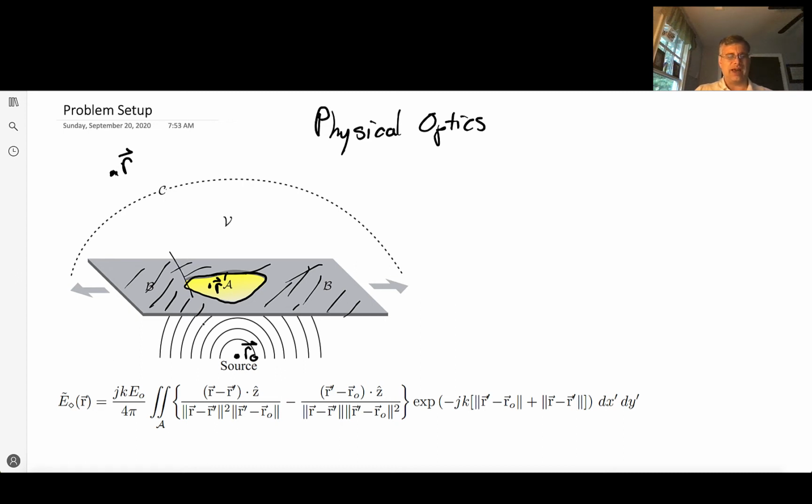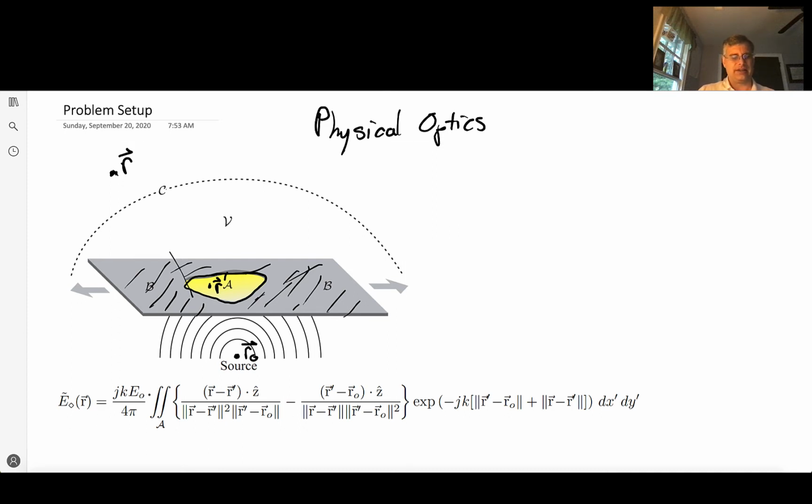Now to do this, we have to invoke Kirchhoff boundary conditions, which says that this total field on the surface is going to be just the illuminated field, and that the boundary here is perfectly blocking. There's zero field anywhere around that aperture A.